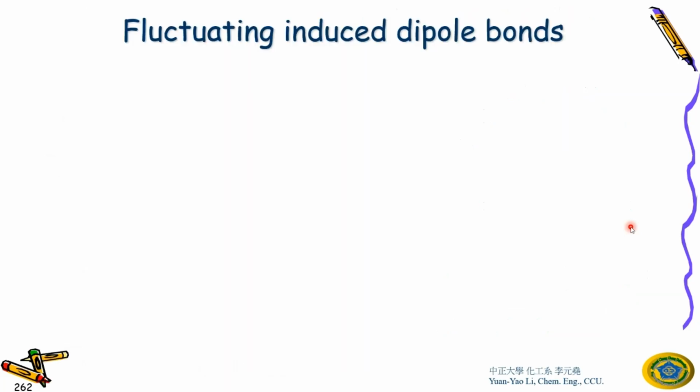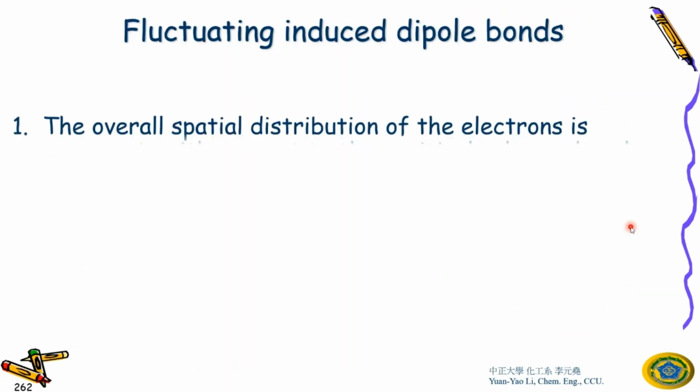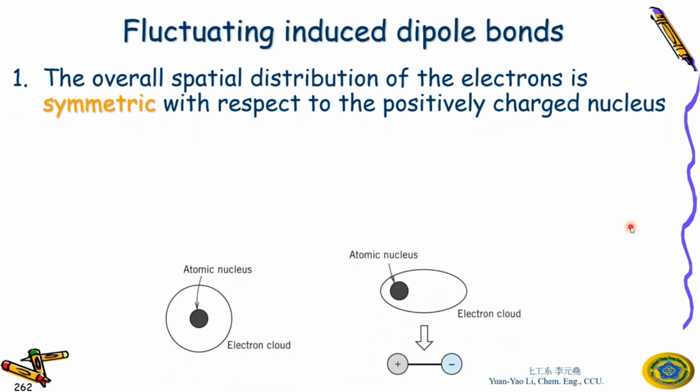Okay? So fluctuation-induced dipole, there is some explanation. I just want to do this quickly. The overall spatial distribution of the electrons is symmetric with respect to the positively charged nucleus. So you have this positive charge, and negative outside.